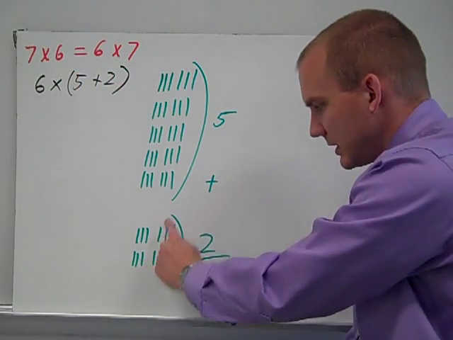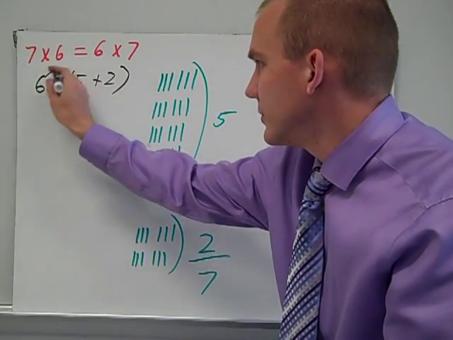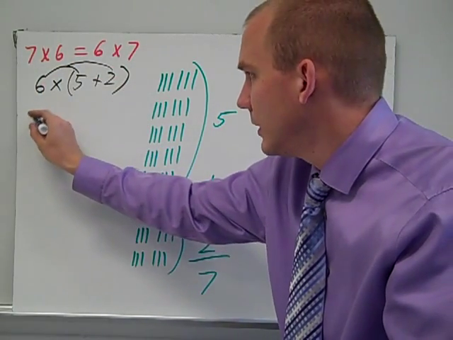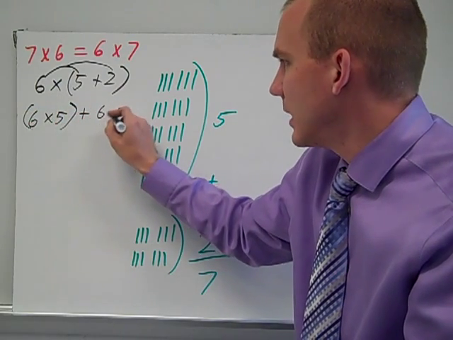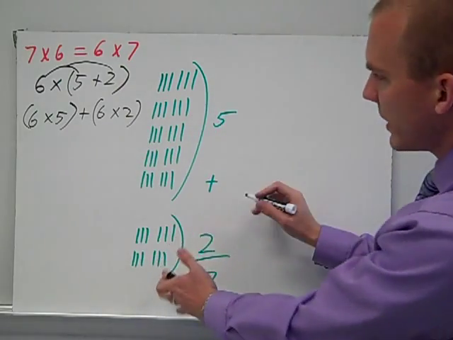Here's 5 rows of 6, here's 2 rows of 6, which is really distributing the 6: 6 times 5 plus 6 times 2. You can see this array over here.